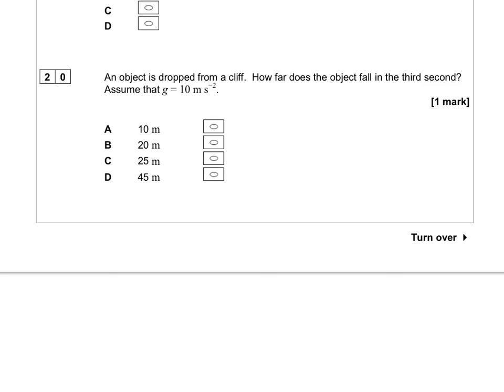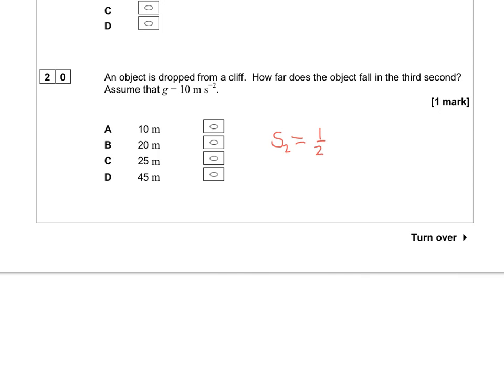An object is dropped from a cliff. How far does the object fall in the third second? So essentially we're interested in the displacement at 2 seconds and the displacement at 3 seconds, and it's the difference between them. Okay, so the displacement after 2 seconds would be ut, but u would be 0, so we can forget about that.